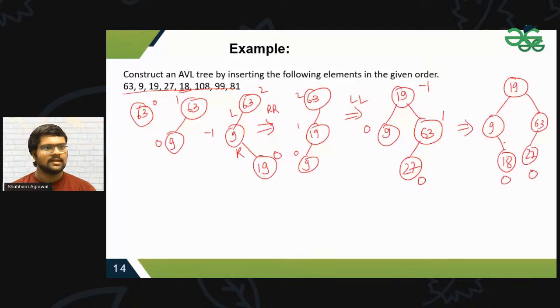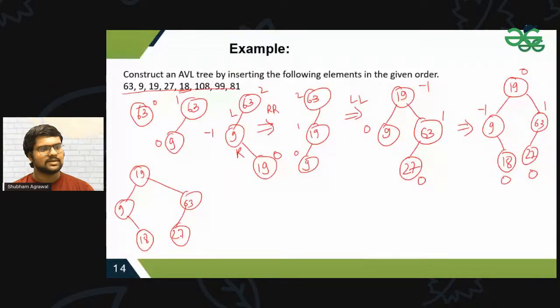Okay, now let's insert 108. Okay, so here we have 19, and then 9, then 18, then 63, and then 27. Now we are going to insert 108. So 108 will be compared with 19, so it is greater than 19, so we will come in the right subtree, and in the right subtree 63 will be compared with 108.